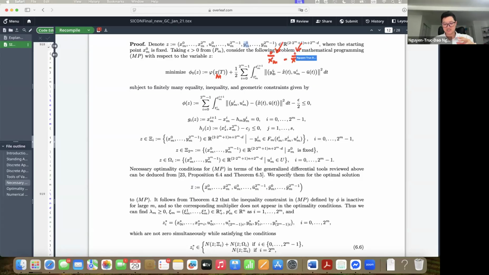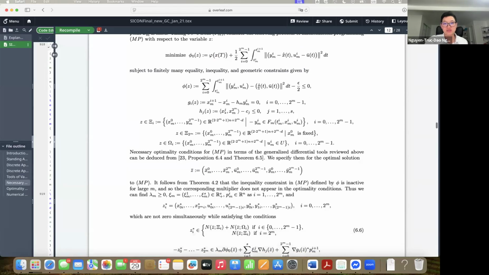We will have the convergence. That's why when m goes to infinity, that whole difference goes to 0, and this one goes to 0, this one goes to 0. So that's why we add the tails like that. And we consider all the new constraints.